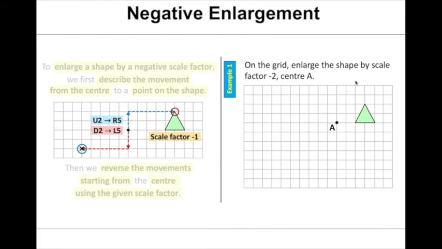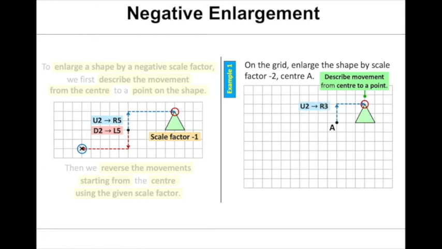On the grid given, enlarge the shape by scale factor -2 from center A. Same process, you describe the movement from the center to a point. So pick a point. Let's pick that point there. And the movement is up by 2 and right by 3.